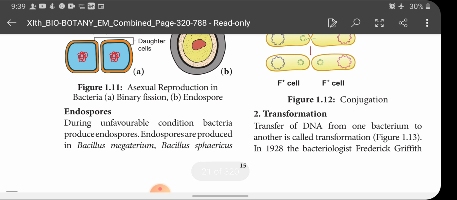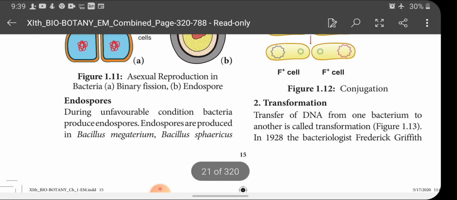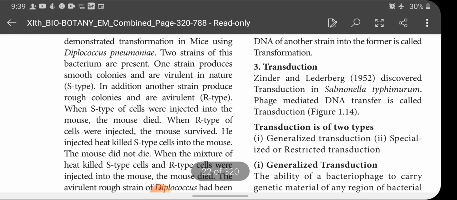Next one is transformation. Transfer of DNA from one bacterium to another is called transformation. So when a DNA of one bacteria is transferred to another bacteria, it is called what? Transformation. In 1928, the bacteriologist Frederick Griffith demonstrated transformation in mice using Diplococcus pneumoniae.